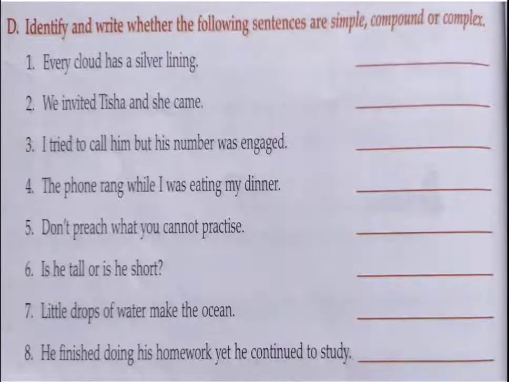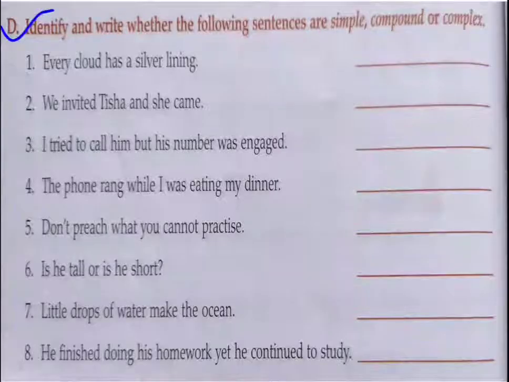As we know, a sentence which has more than one main clause and one or more subordinate clauses is called a compound complex sentence. As we know, complex sentence: main clause, more than one subordinate clause. Compound sentence: both main clauses. Right? Now here, this exercise we have to solve.